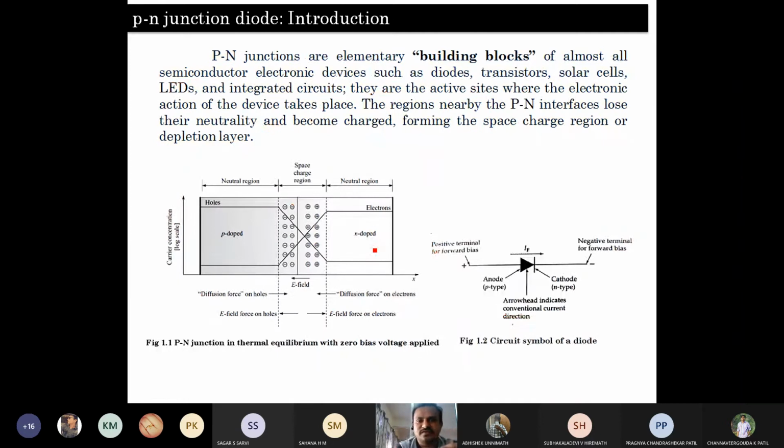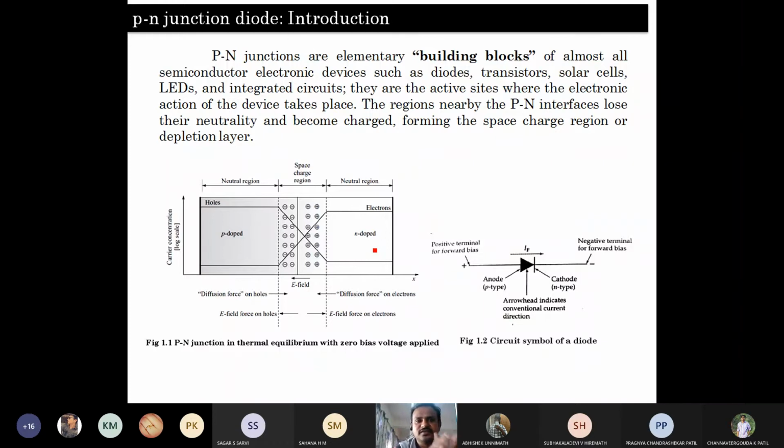Next, the PN junctions are elementary building blocks of almost all semiconductor electronic devices such as diodes, transistors, solar cells, LEDs, and integrated circuits, that is ICs.